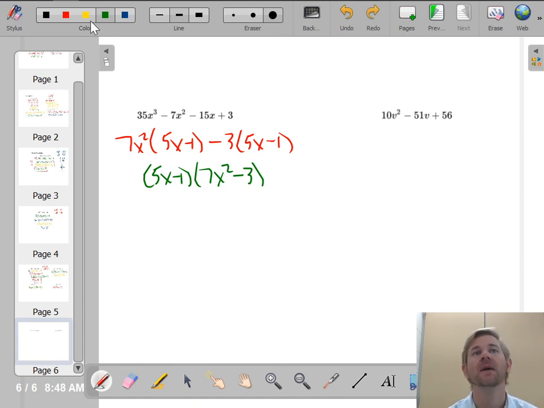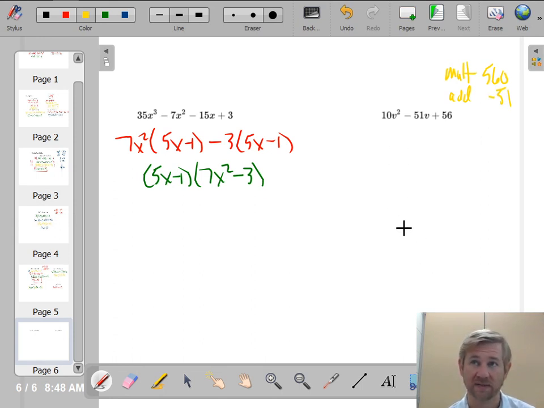One more. Big GCF, let's see, this is 2 times 5. This is an even or multiple of 5, so there's no big GCF. I need to multiply the leading term, so 10 times the constant, 56, that's 560. I got to find numbers that multiply to 560 and add to negative 51.